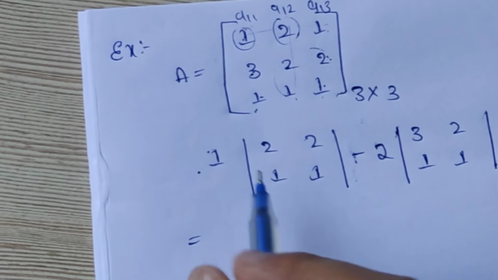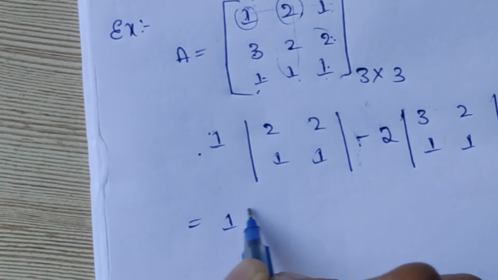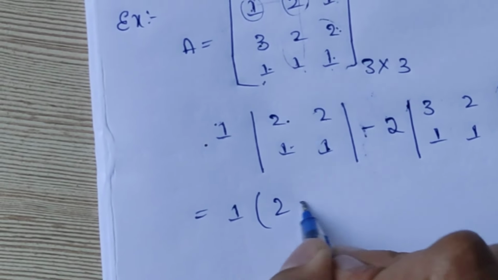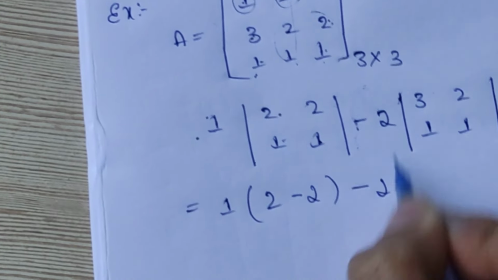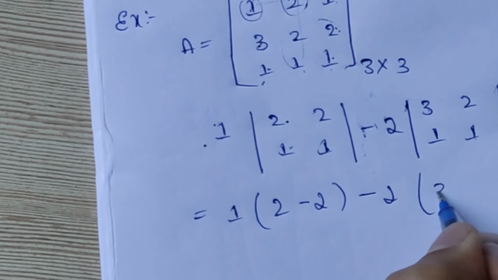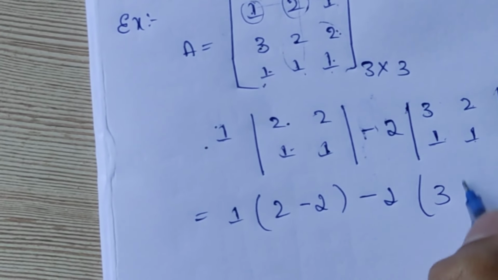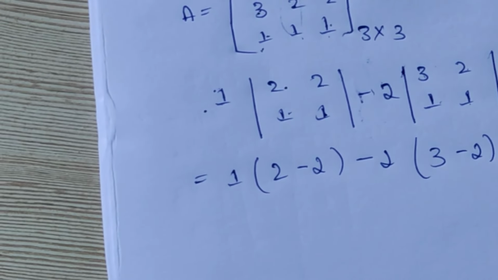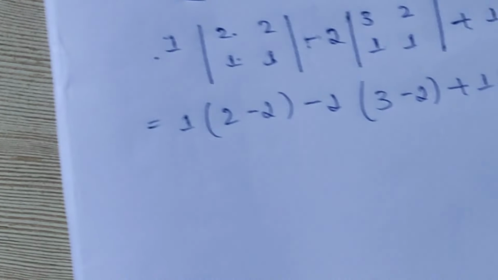How to calculate now? So 1 is 1, 2 ones are 2, 1 2s are minus 2, like this. Minus 2 as it is, 3 ones are 3, and 2 ones are 2, plus 1, 3 ones are 3, 2 ones are 2.